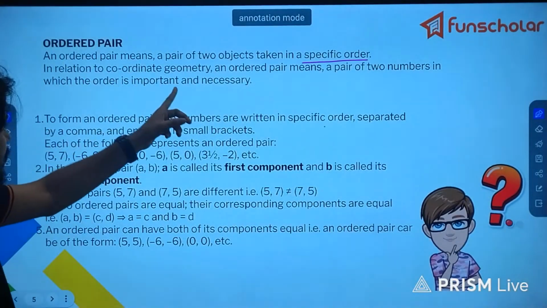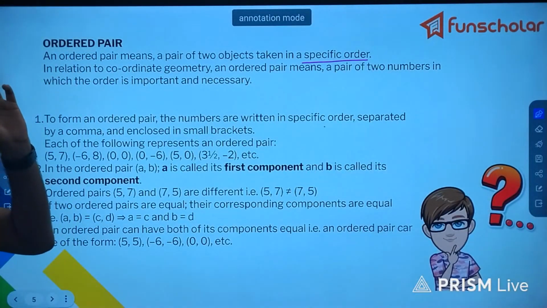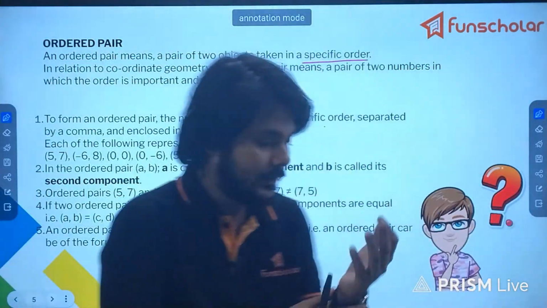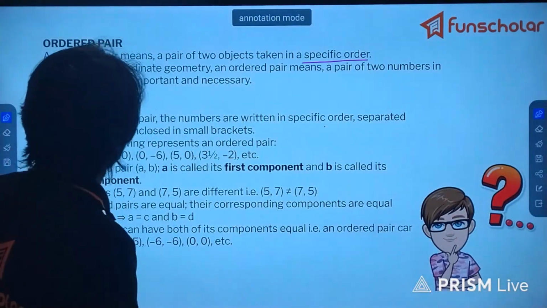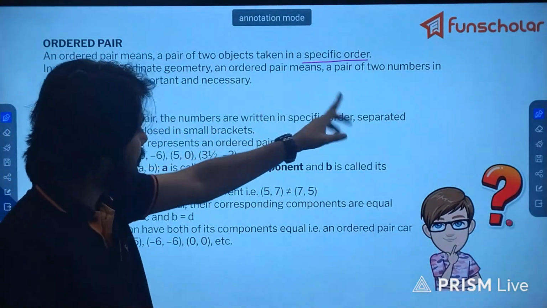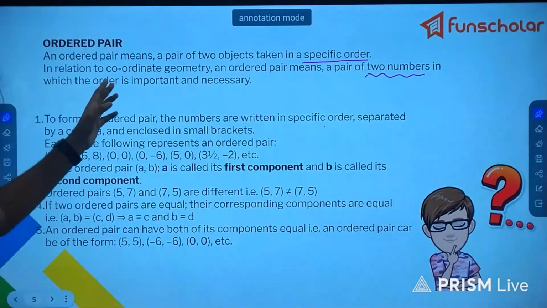In relation to coordinate geometry, an ordered pair means a pair of two numbers in which the order is important and necessary.